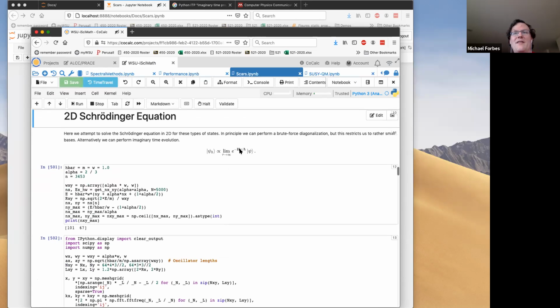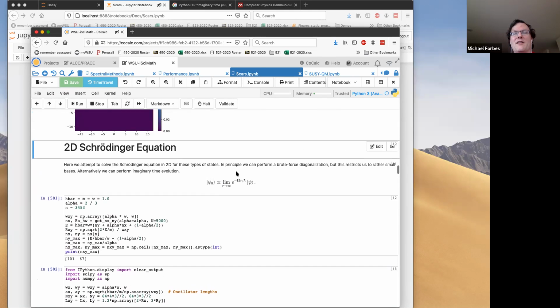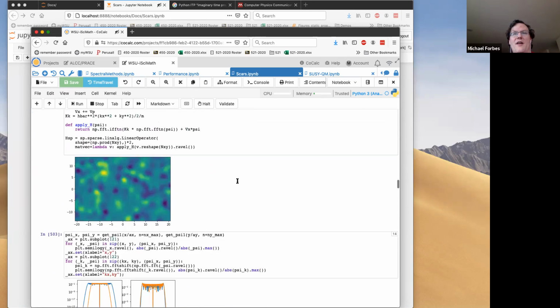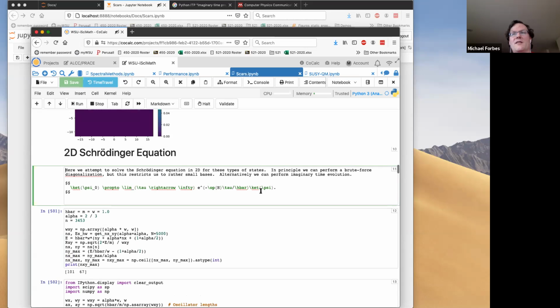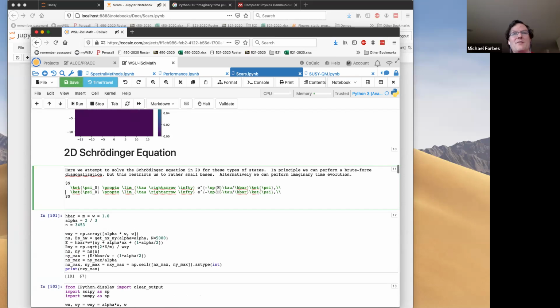Now we want to get not the ground state, but an excited state. And there are various algorithms for getting an excited state. I have not had the patience to really play with them, but you should maybe look at that. But what you can do here is something like this.